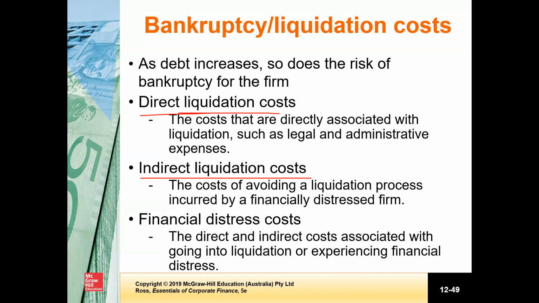The costs of avoiding liquidation incurred by financially distressed firms are called indirect liquidation costs. We use the term financial distress costs to refer generically to the direct and indirect costs associated with going into liquidation or avoiding the appointment of an administrator.